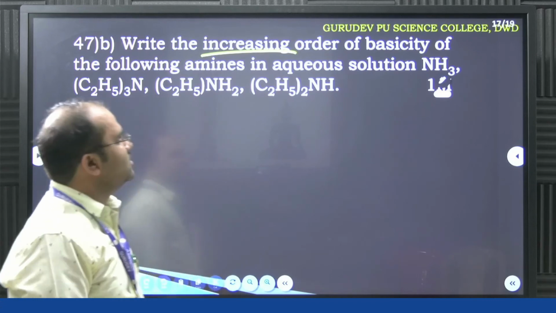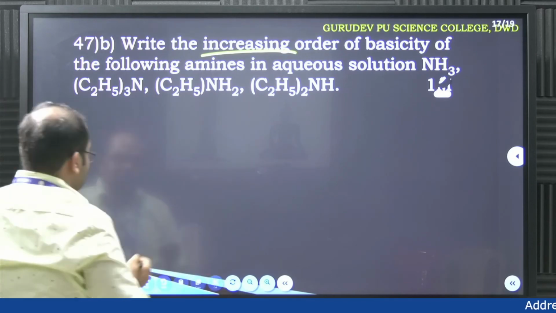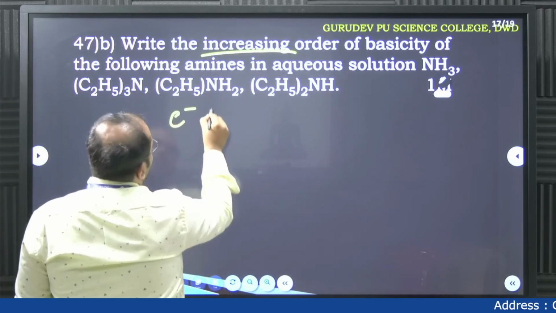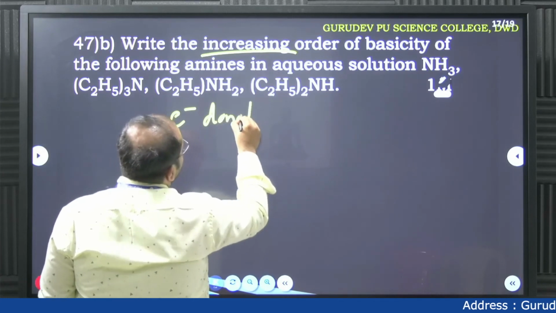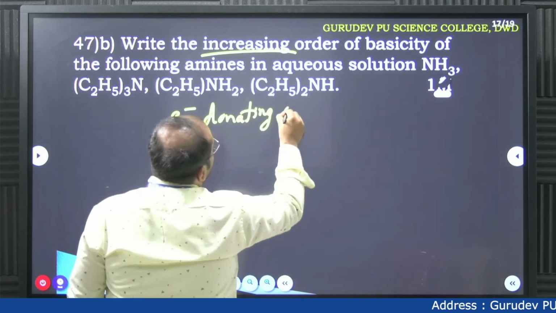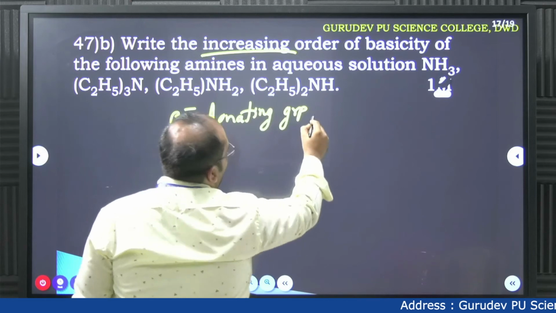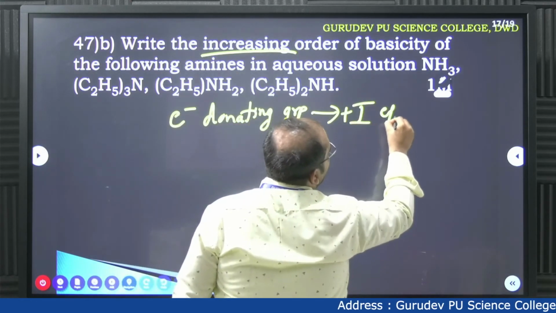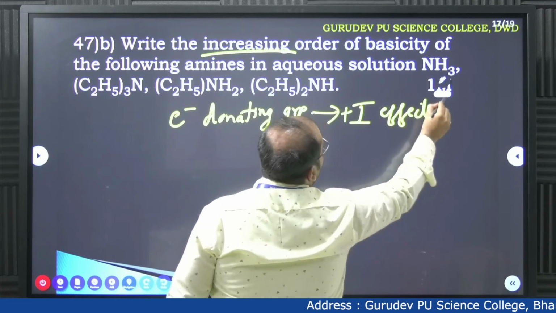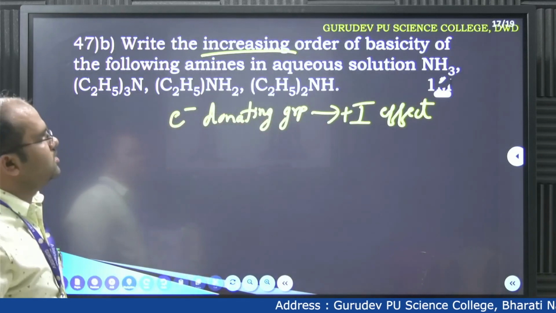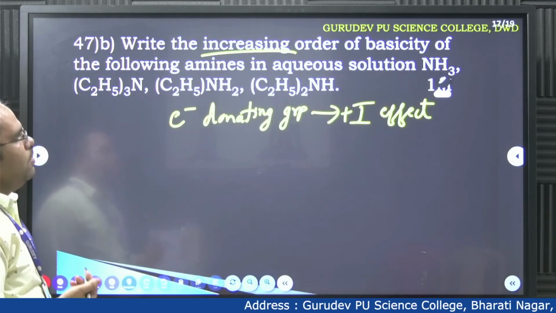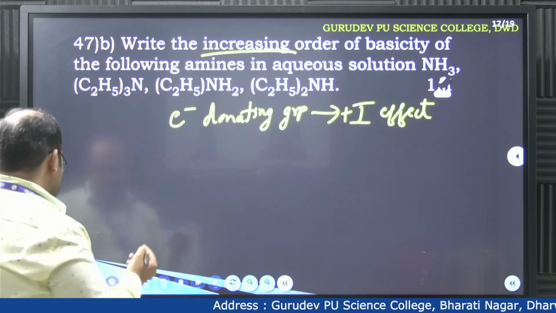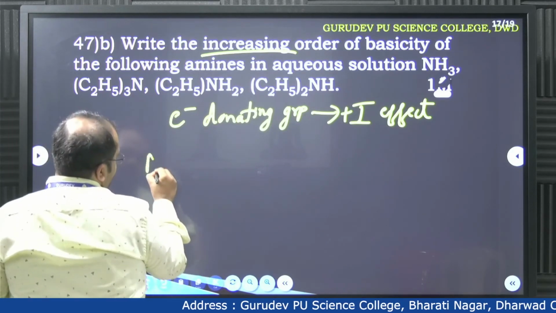But in this case, you have to think about the electron donating group, or the plus I effect. On that basis, you have to write the increasing order.